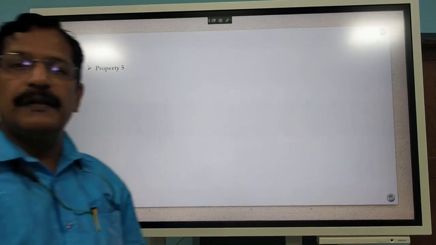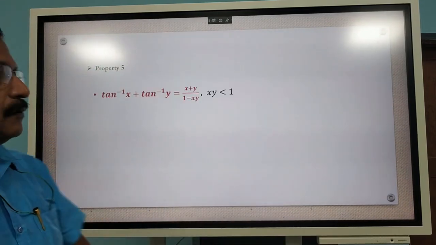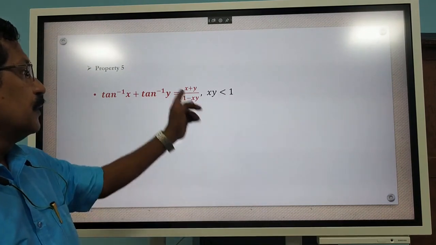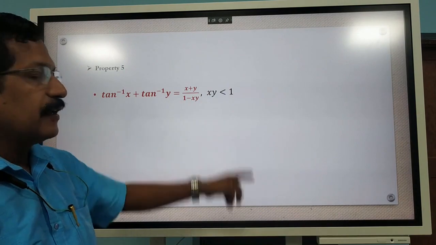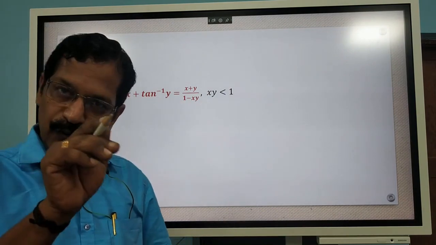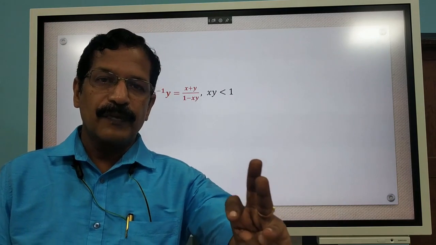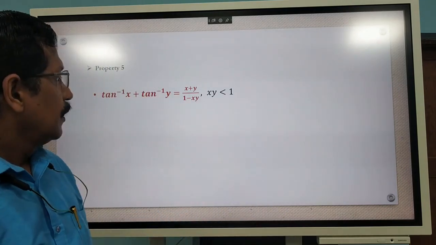Now, next is another set of important results. Tan inverse of x plus tan inverse of y is equal to x plus y divided by 1 minus xy, when xy is less than 1. Xy less than 1 can be x positive, y positive and xy less than 1.